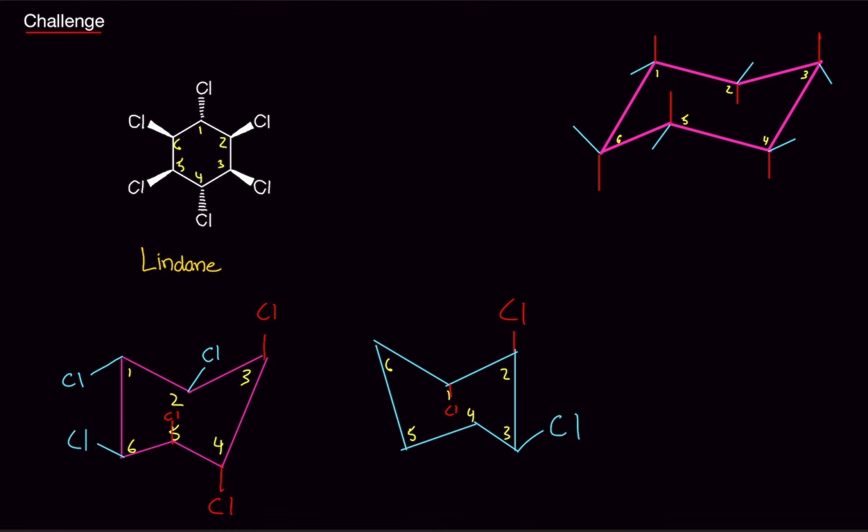Carbon number 4, we have it pointing on the axial position. So we look for here, we're corresponding there. And so we need the equatorial position, and it's going to be pointing this way.